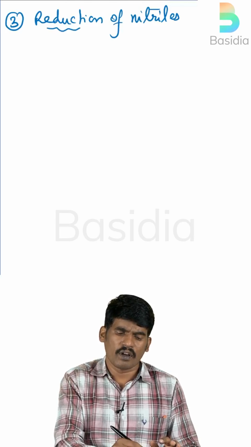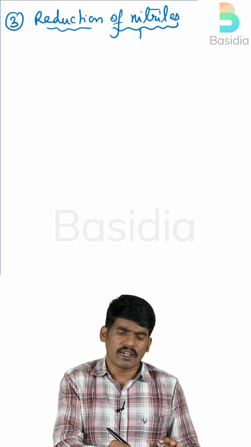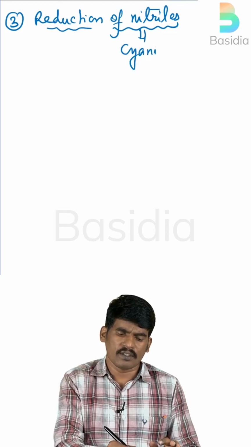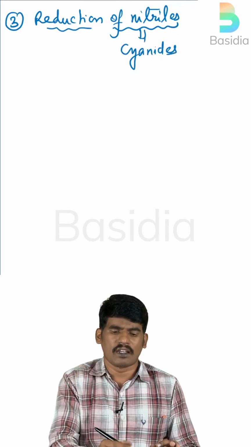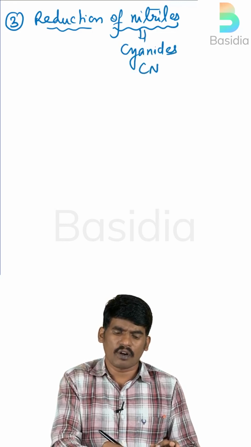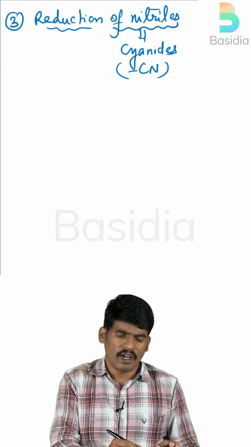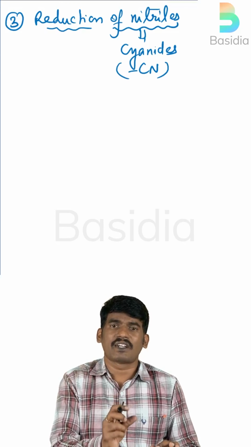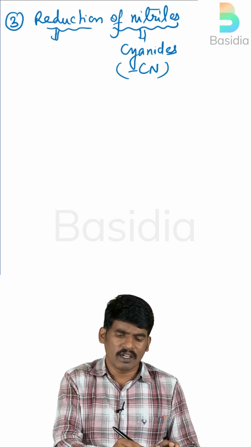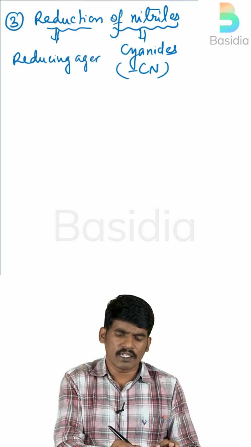Reduction of nitriles. Nitriles are nothing but cyanides. The IUPAC name of cyanides is nitriles. The cyanide functional group formula is CN, and these nitriles are subjected to reduction. That can be carried out with the help of a reducing agent.